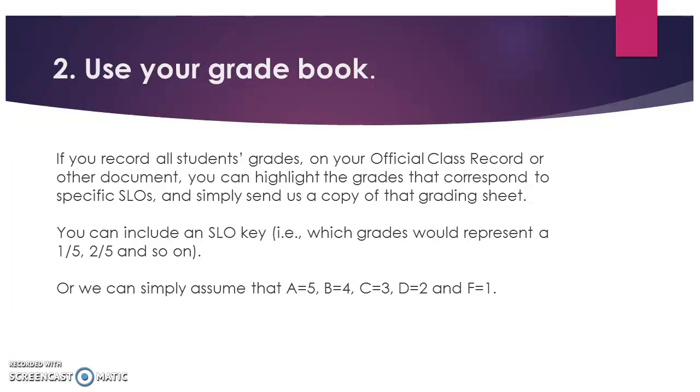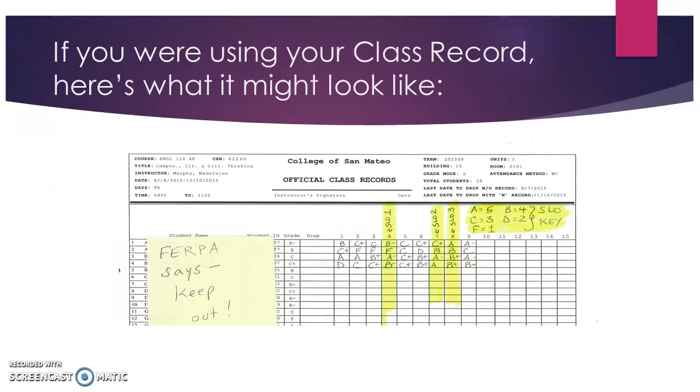You can also, if you use a grade book and you've aligned a course assignment with a particular outcome, just give us your grade book. So here, for instance, this instructor hasn't done anything except highlight which of the assignments correspond to an SLO. So this instructor has told us that this assignment number 4 was for SLO 1, number 7 was for SLO 2, and so on.